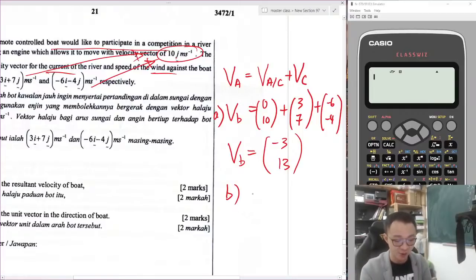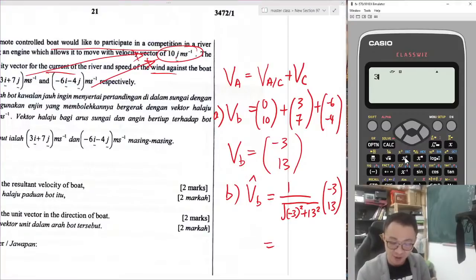Then for part B, they ask about the unit vector. Then I will just do the unit vector of the velocity of the boat. B stands for boat. So it will be 1 over square root of (-3) squared plus 13 squared, times (-3, 13). Okay, 3 squared plus 13 squared. Is it 13? 17 minus 4.